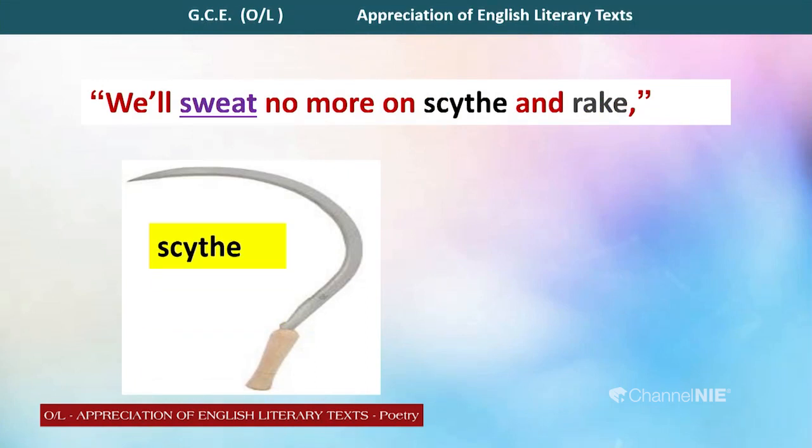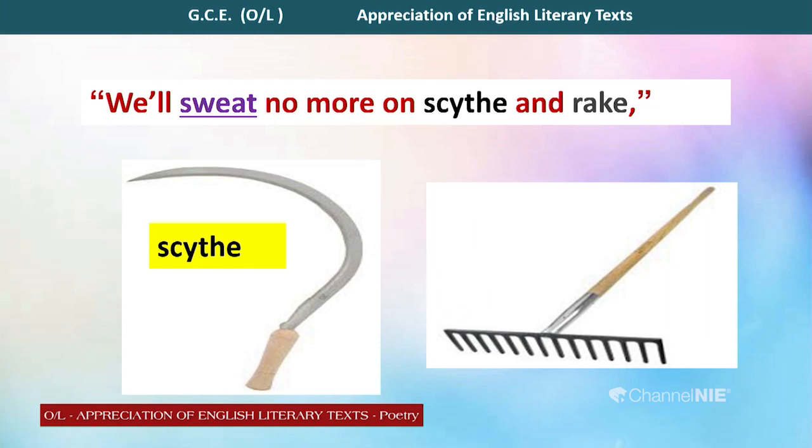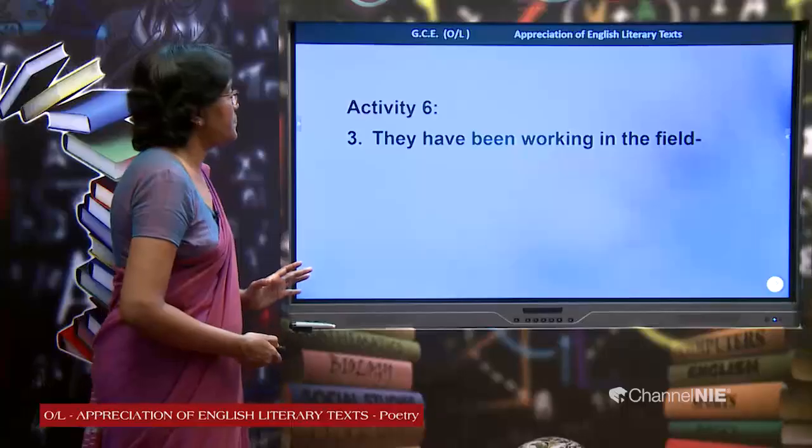That is the scythe, right? Okay, then the rake. Can you see that? Well, hope you've understood. Right. The scythe and the rake are clear, and we'll sweat no more on scythe and rake refers to the agricultural background of the speaker.